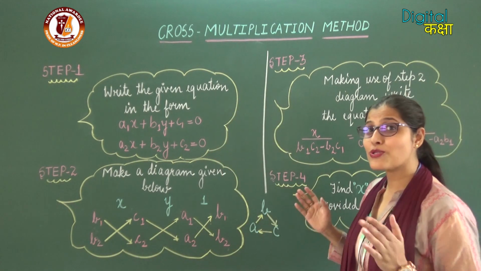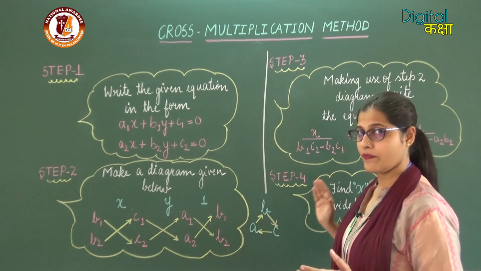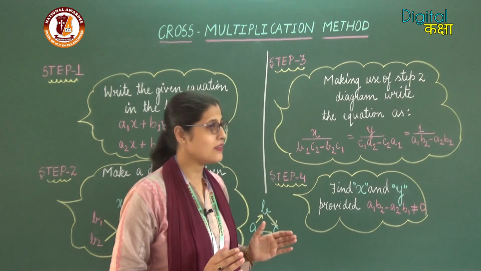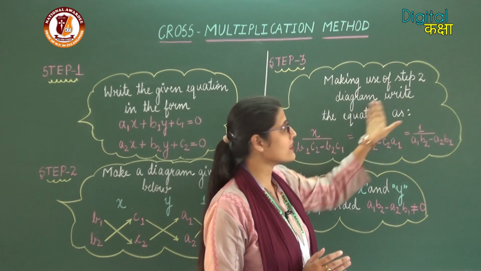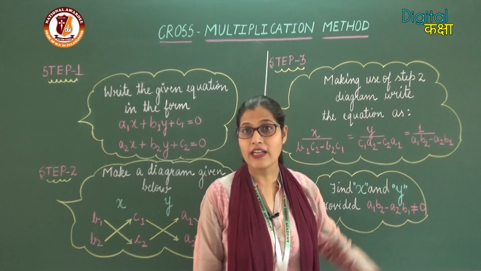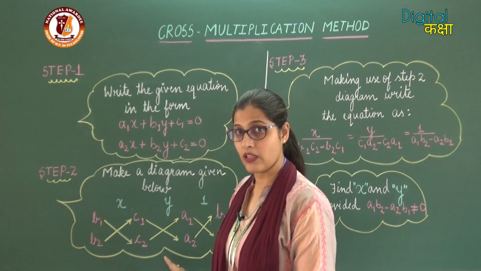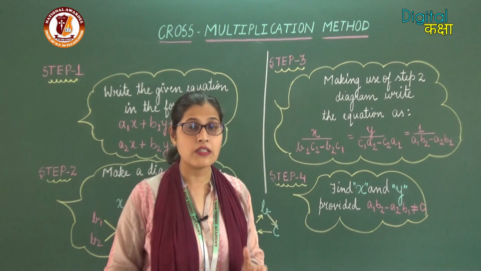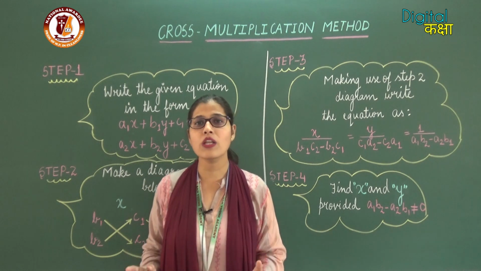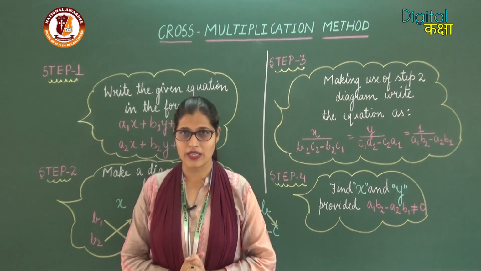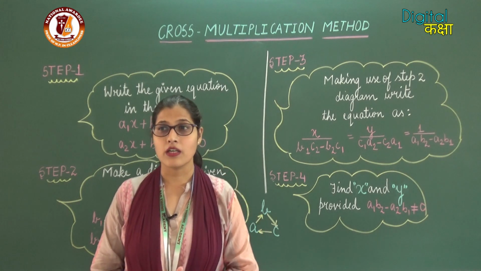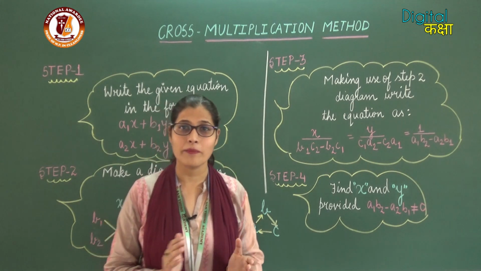But as you can see in the third step, for making use of the step 2 diagram, write the equation as follows. That means whatever we are multiplying here, we will use it to generate the formula for solving the pair of linear equations by the cross multiplication method.